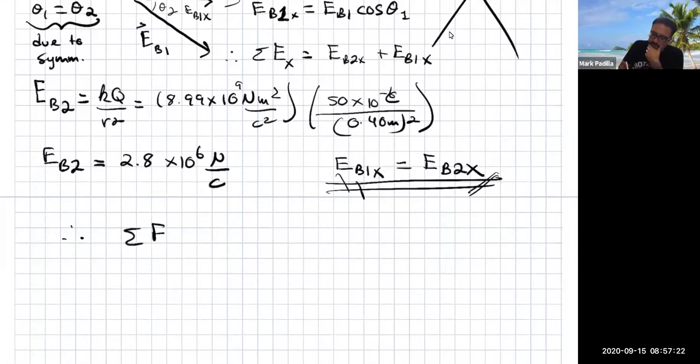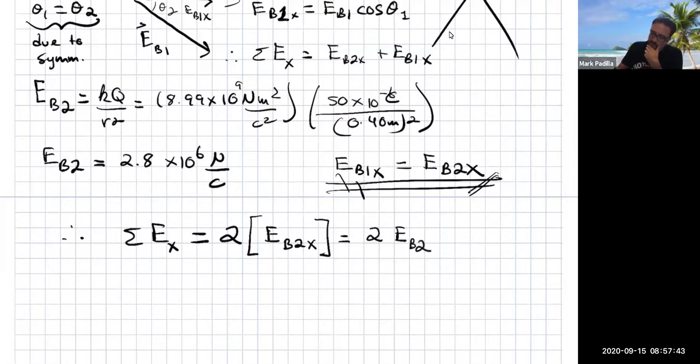Therefore, the sum in the x direction, I can just simply write 2 times EB, you can pick either one, it doesn't matter, 2 times EB2 cosine theta 2. So we have the magnitude, so now we need to find the actual angle, right?